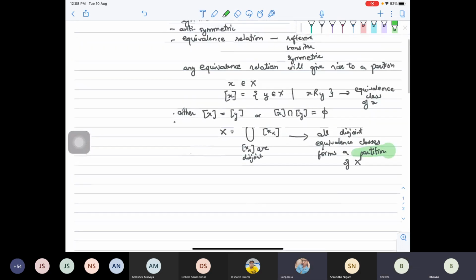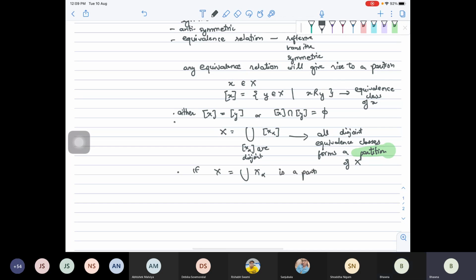I think it should be fine. And again, if we are given a partition, if X equals the union of X alpha is a partition of X, then we can always define an equivalence relation. How will we define this?